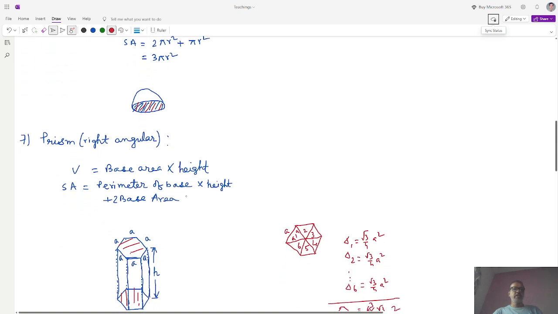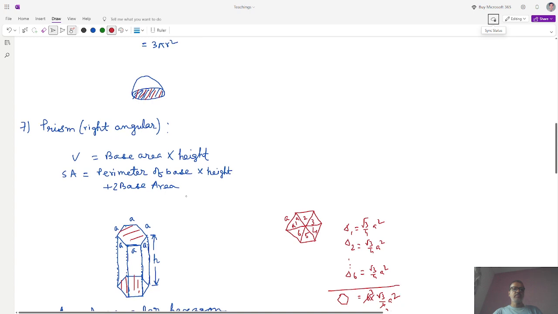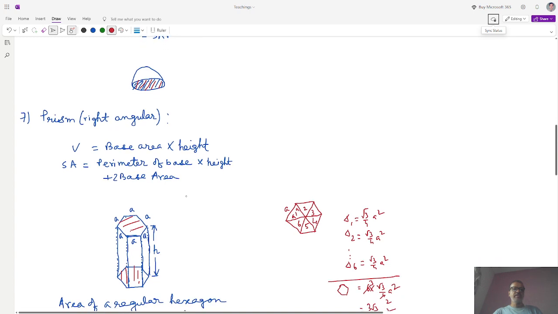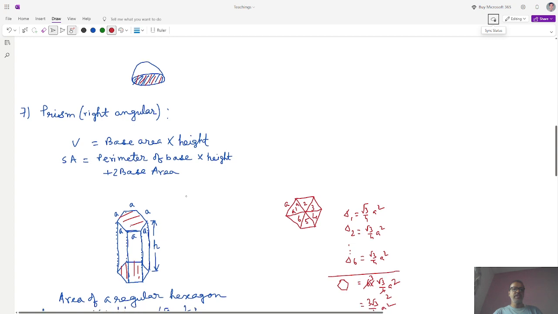Right angular prism volume equals base area into height, and surface area equals perimeter of base into height plus 2 into base area.